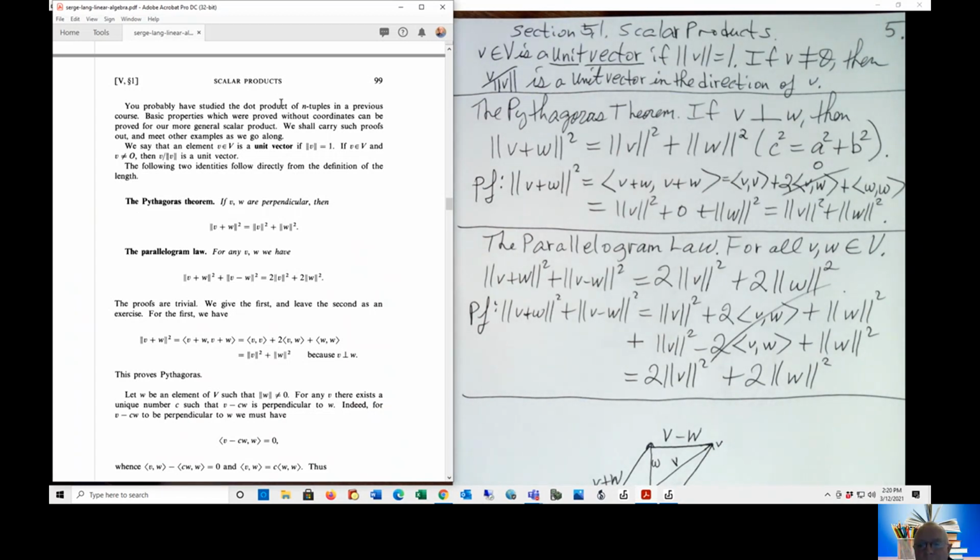All right, so look at the proof. It's very straightforward. The norm squared is just the scalar product of v plus w with itself. And so we're just using binomial expansion, multiplying two binomials together by what? The FOIL method.